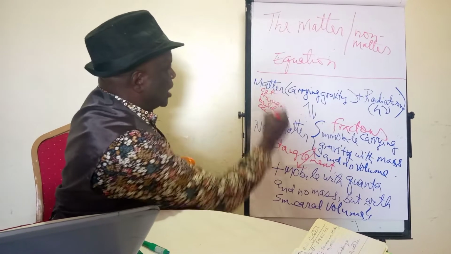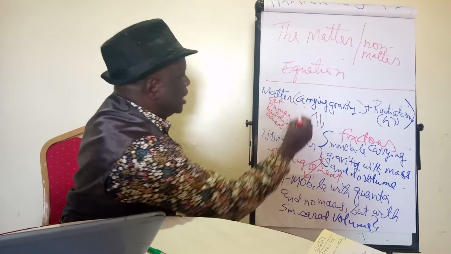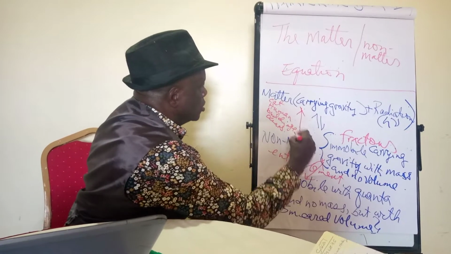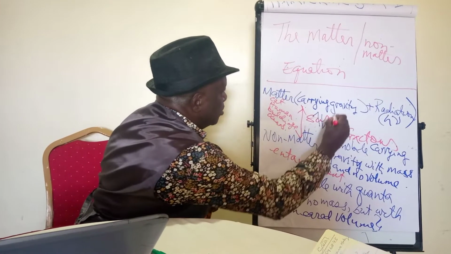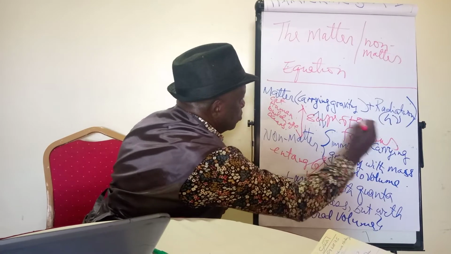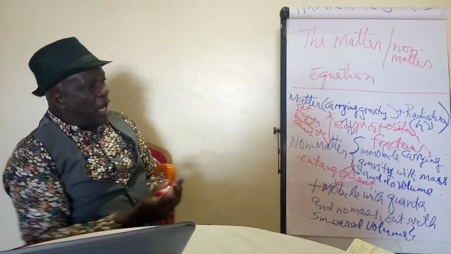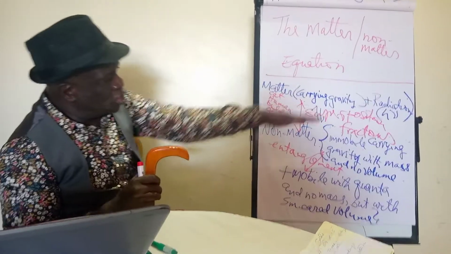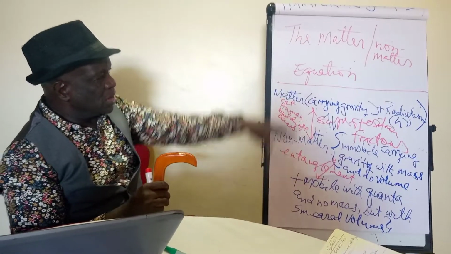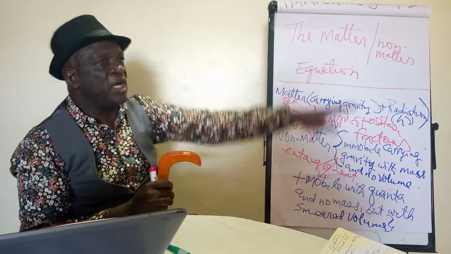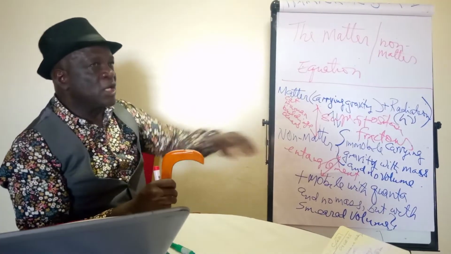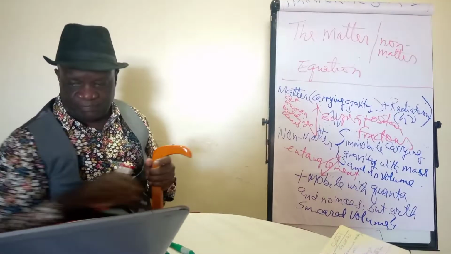While the interaction between matter and non-matter is what we call superposition. And together, the superposition and entanglement present to us what is reality.